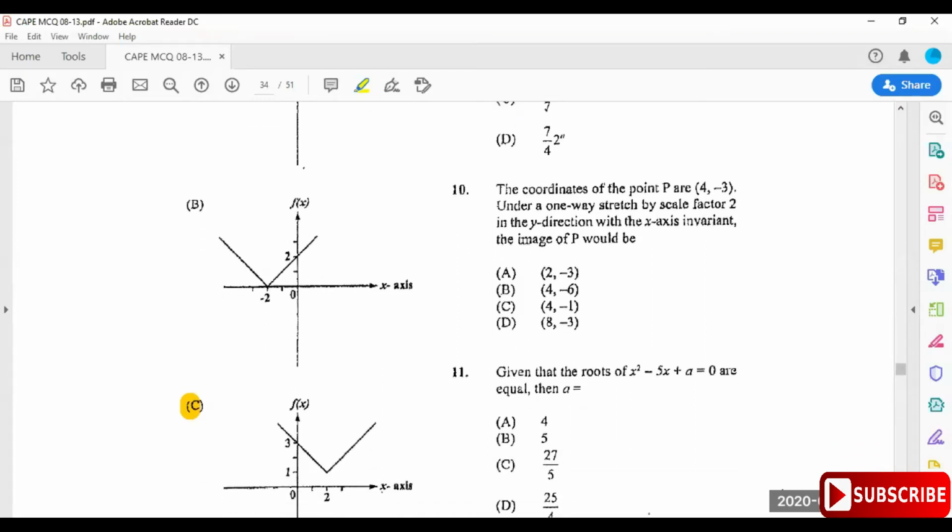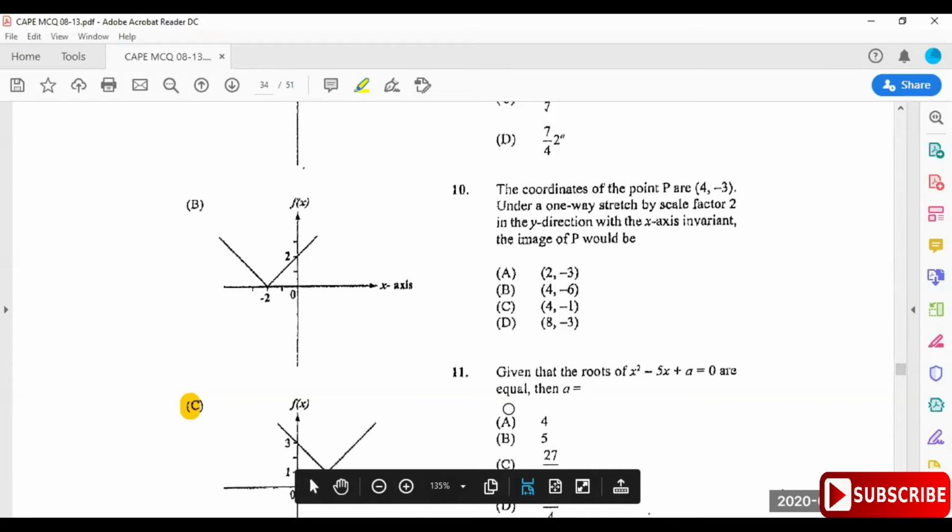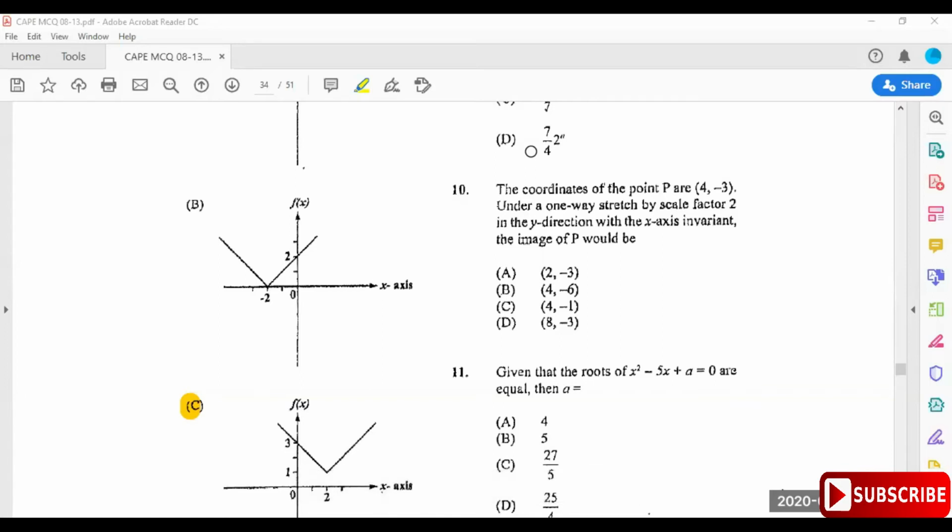Okay. All right. So now question 10 right here. Question 10 is saying the coordinates of the point P are 4, -3 under a one-way stretch by scale factor 2 in the y direction with x being invariant.